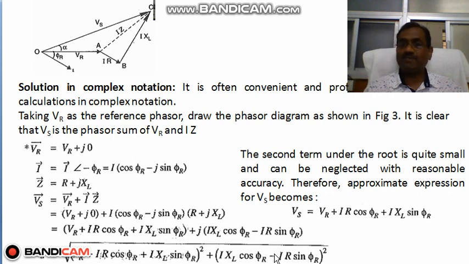Therefore we neglect this. When we neglect this, the sending end voltage becomes VR plus IR cos phi r plus IXL sin phi r. So this is your sending end voltage in complex notation. Okay, thank you.